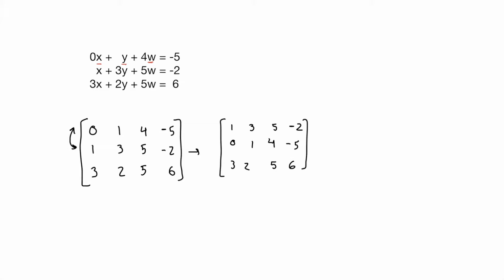And now, we don't want this 3 here because we already have a 1 in that first column as the leading entry. We're going to multiply the first row by negative 3 and add it to the last row. And so the first 2 rows stay the same.